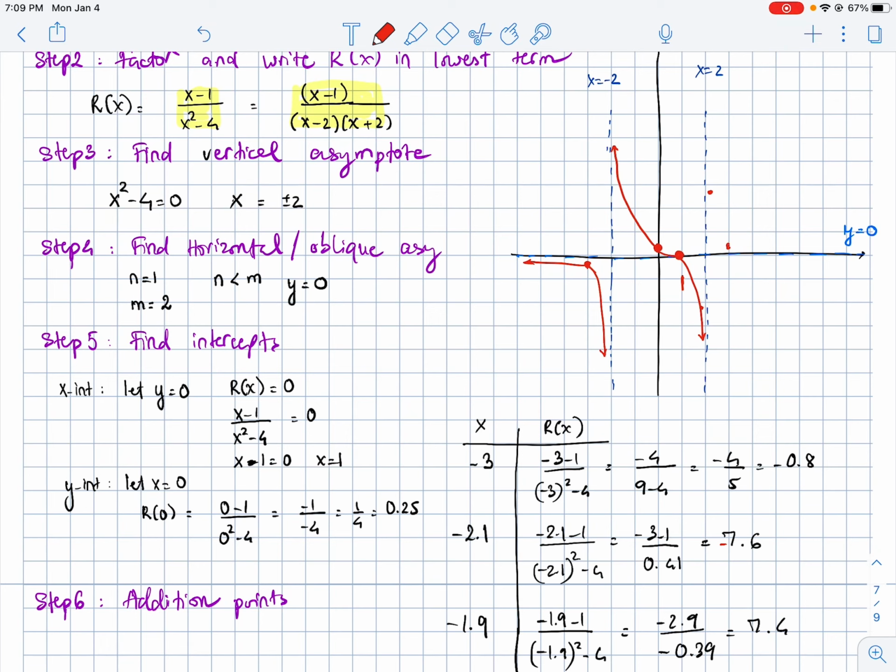From that point you can connect to the red point so that you have the curve approaching the vertical asymptote x equal to 2. And of course, from that point, you can draw the curve that approaches the horizontal asymptote. And we complete the graph.